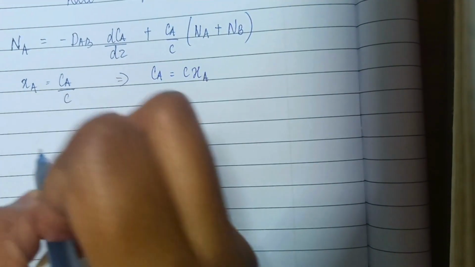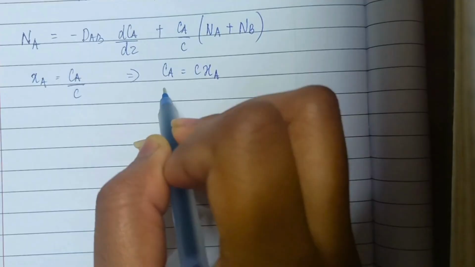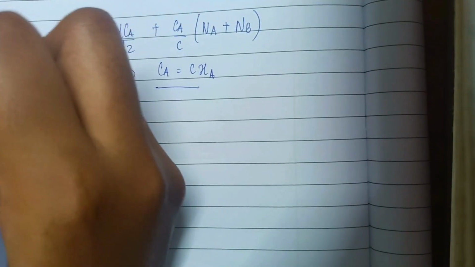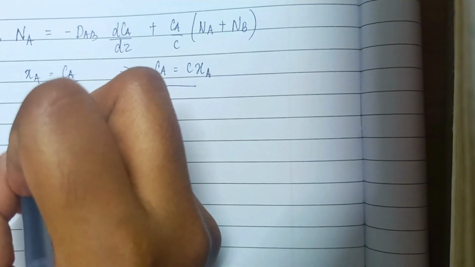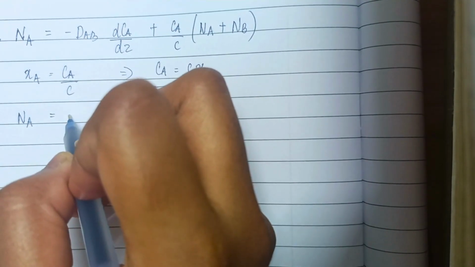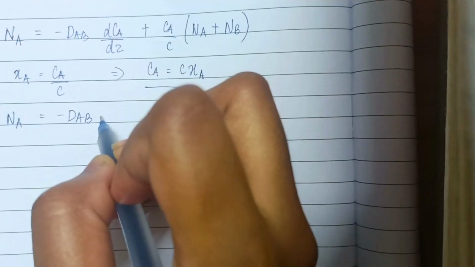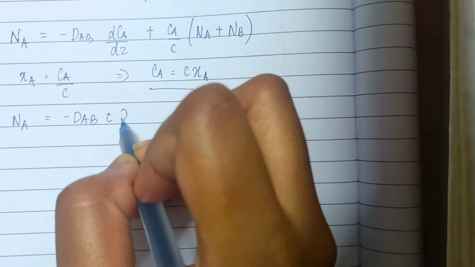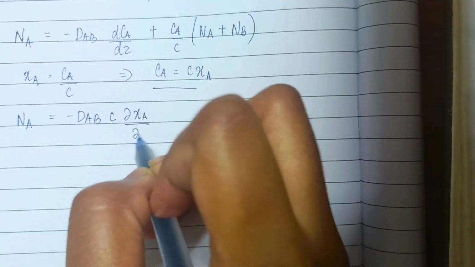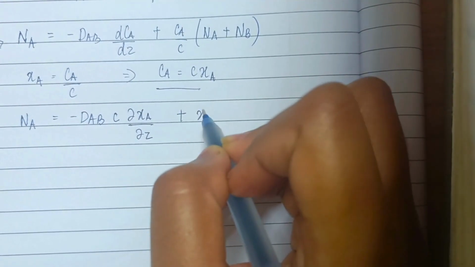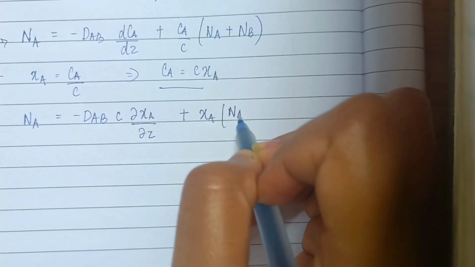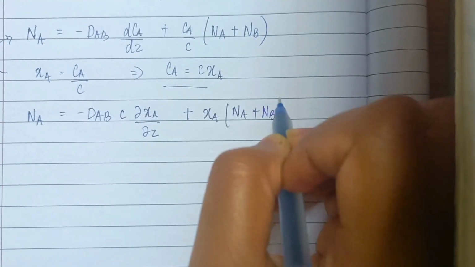Now substituting this into the term of NA, we get NA is equal to minus DAB C dXA by dZ plus XA into NA plus NB.